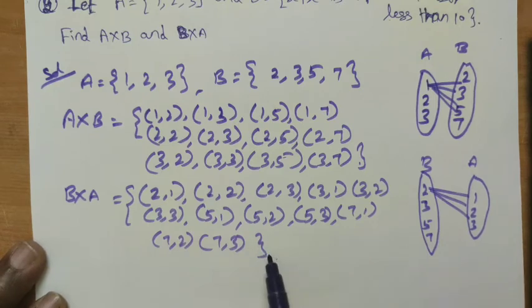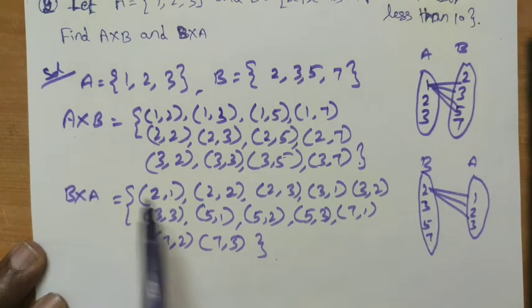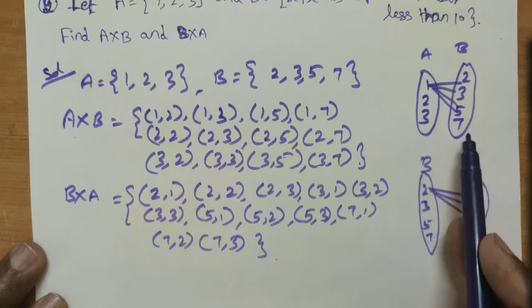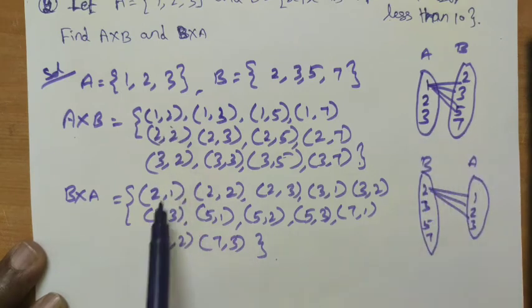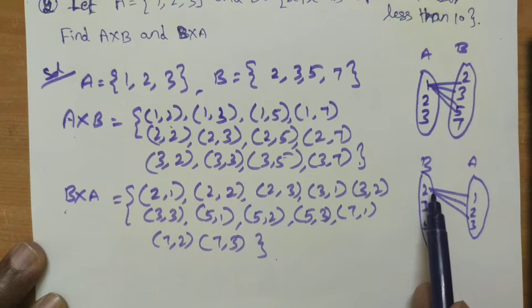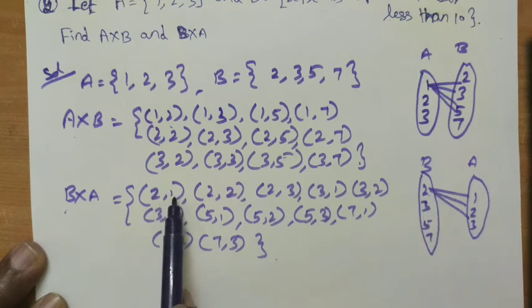This is B cross A. So for A cross B, we put the A set first and the B element should be in the second, and for B cross A, the B element must be first and then the set A element should be in the second. This is A cross B and B cross A.